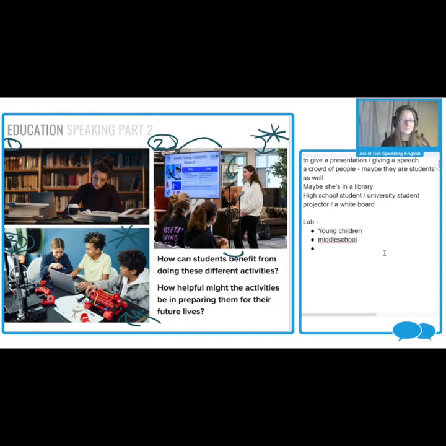And it looks like they're in some sort of science lab, right? Or maybe they're doing something with robotics, right? Or maybe they're doing something with engineering. I don't know. Whatever they're doing looks like it's a bit interesting, right?